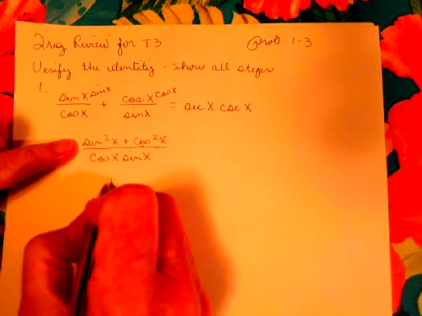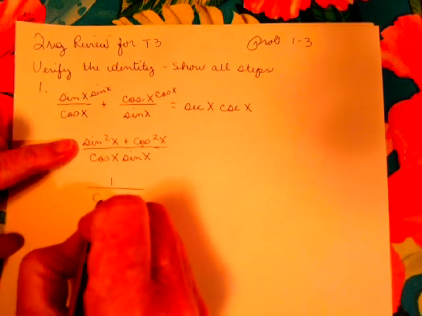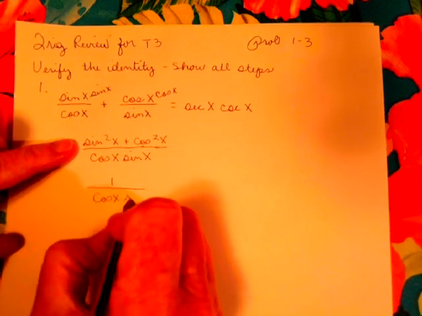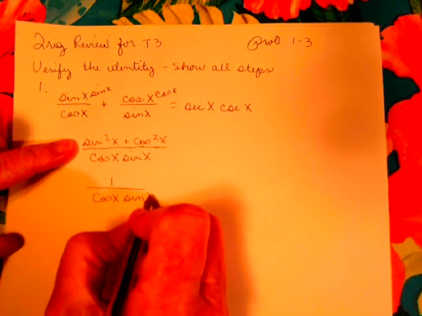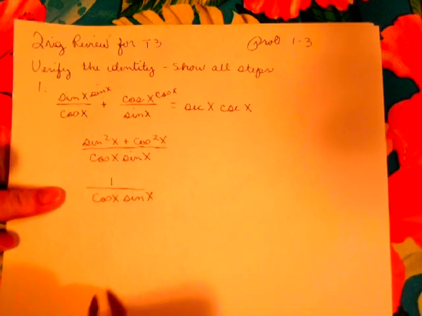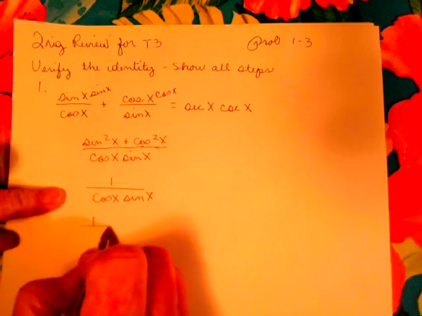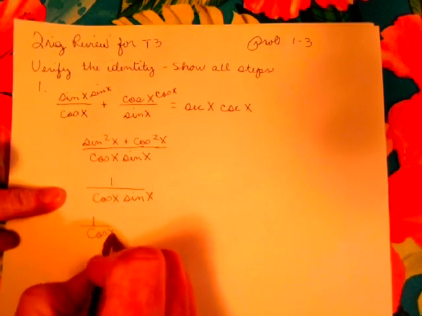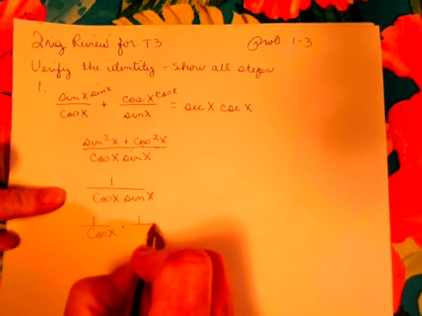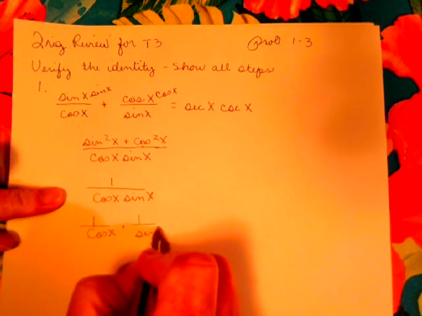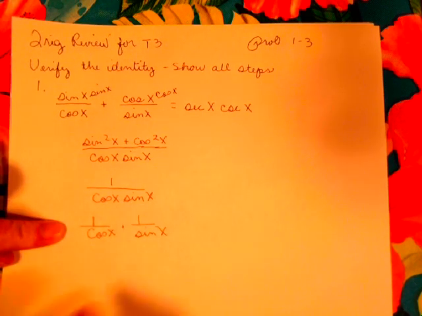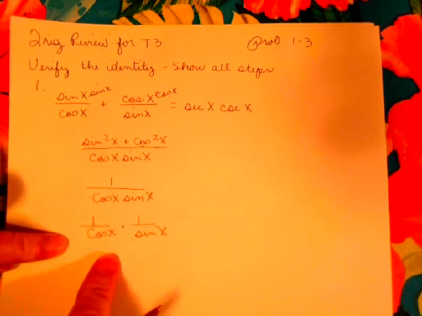So we have 1 over cosine of x sine of x. That can be separated into 1 over cosine of x times 1 over sine of x, because this still means 1 over cosine sine.